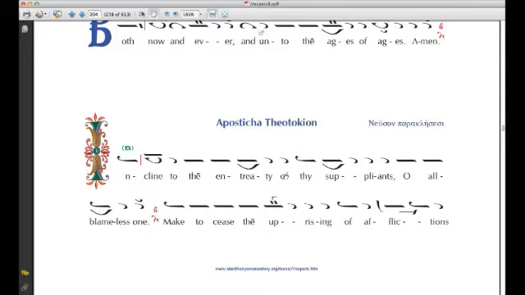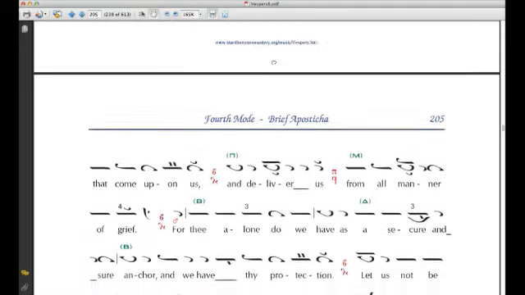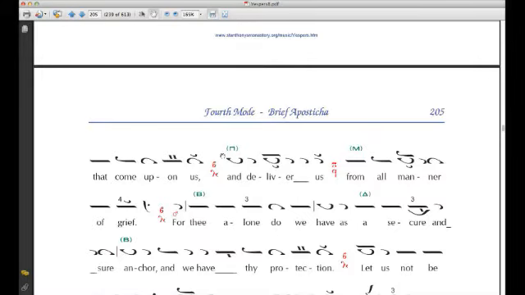Incline to the entreaty of thy suppliants, O blameless one. Make to cease the uprising of afflictions that come upon us, and deliver us from all manner of grief.